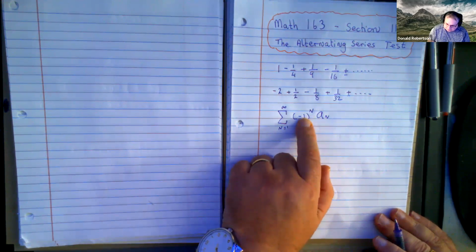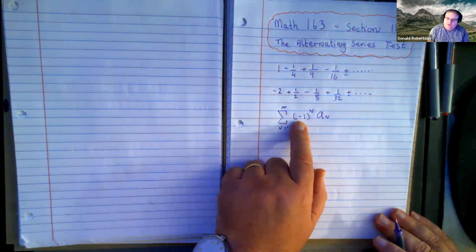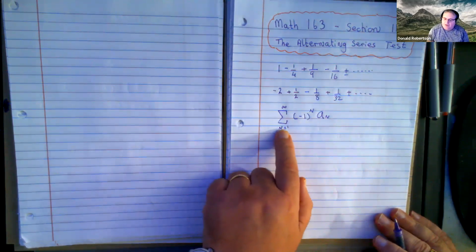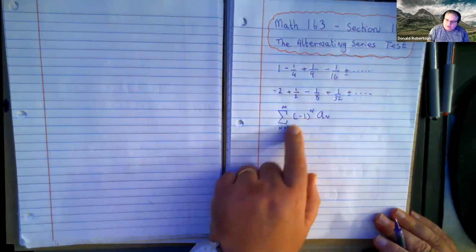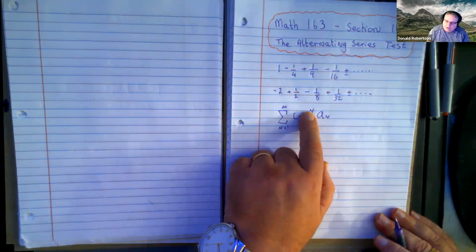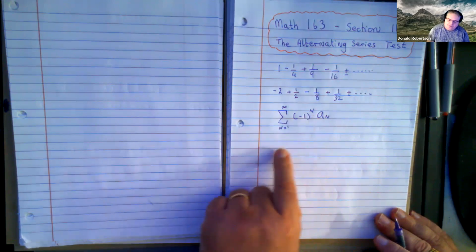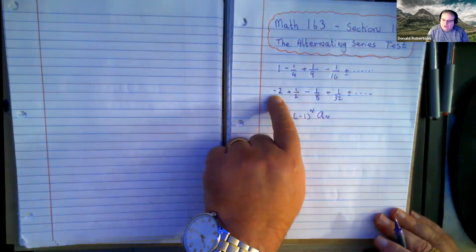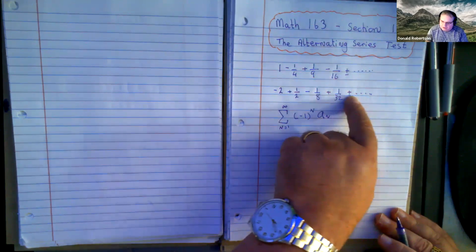And this piece here, the negative 1 to the n, essentially generates, in this case, this sequence. If you plug in n equals 1, the answer is negative. When you plug n equals 2 in, well, negative 1 squared is positive. N equals 3, it's negative. So this particular one would generate the negative plus pattern you see here.